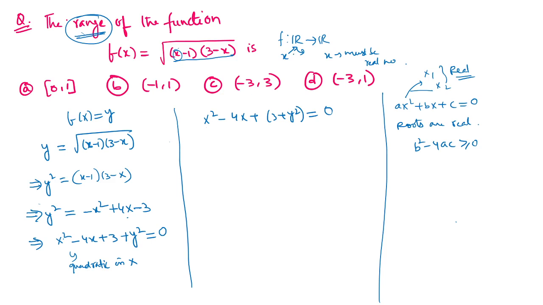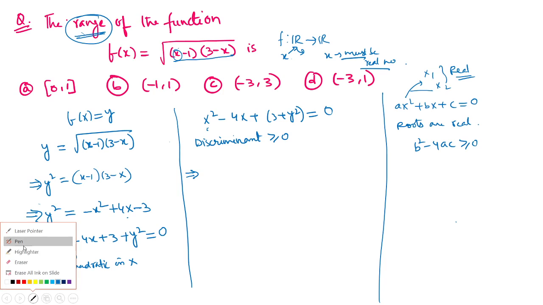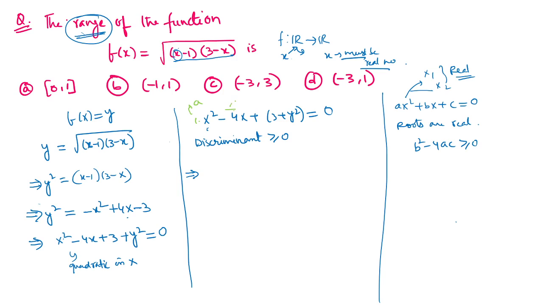According to our function, x must be a real number. What is the condition? The discriminant must be greater than or equal to 0. What are a, b, and c here? This is your a, which is 1, this minus 4 is your b, and this whole thing is your c.